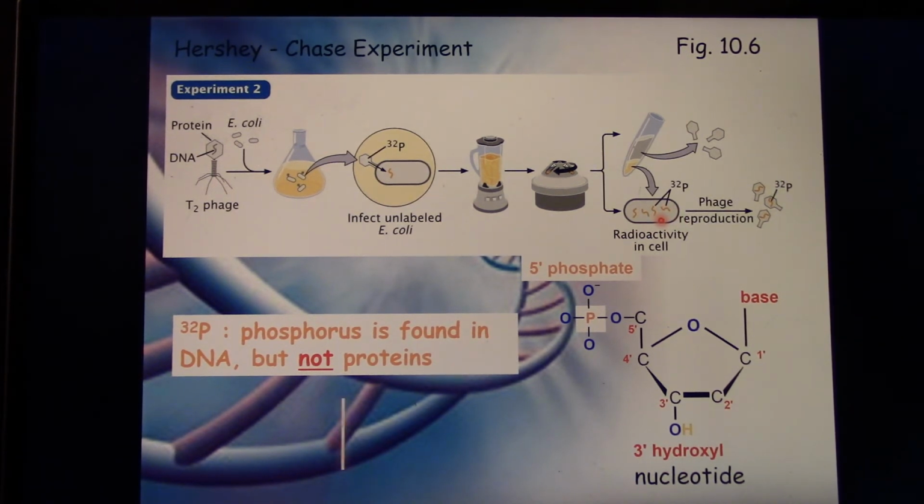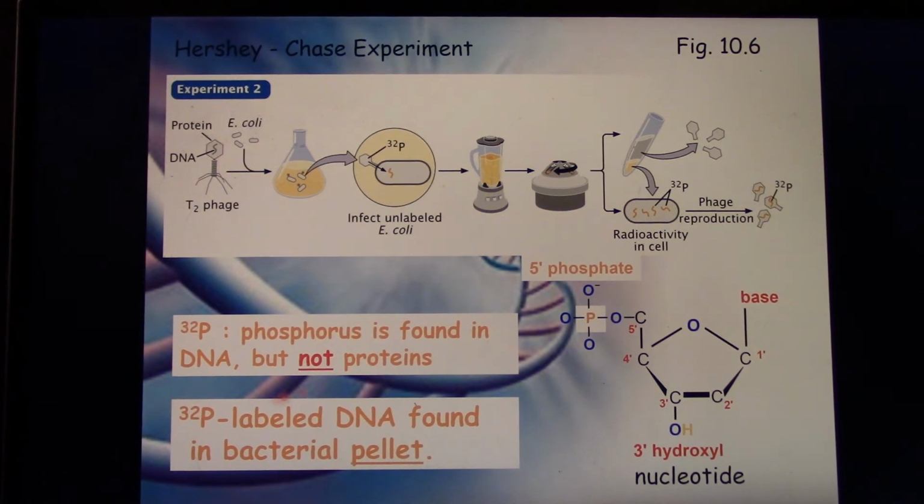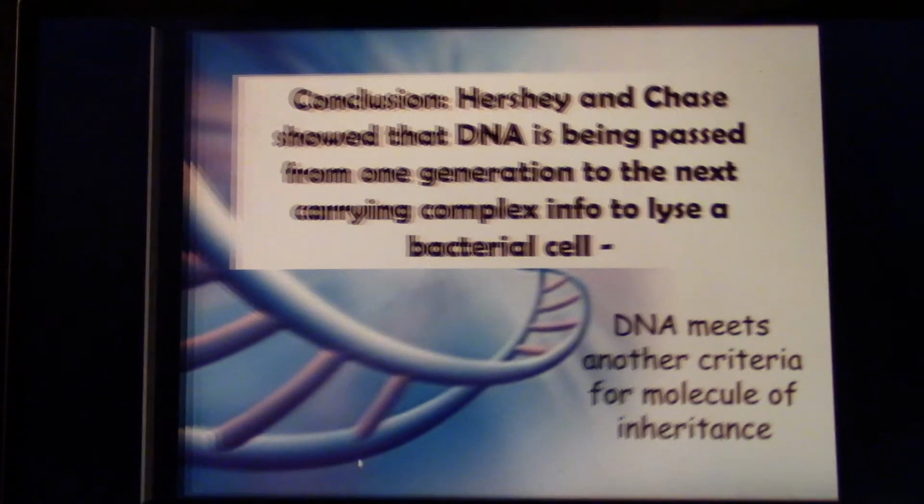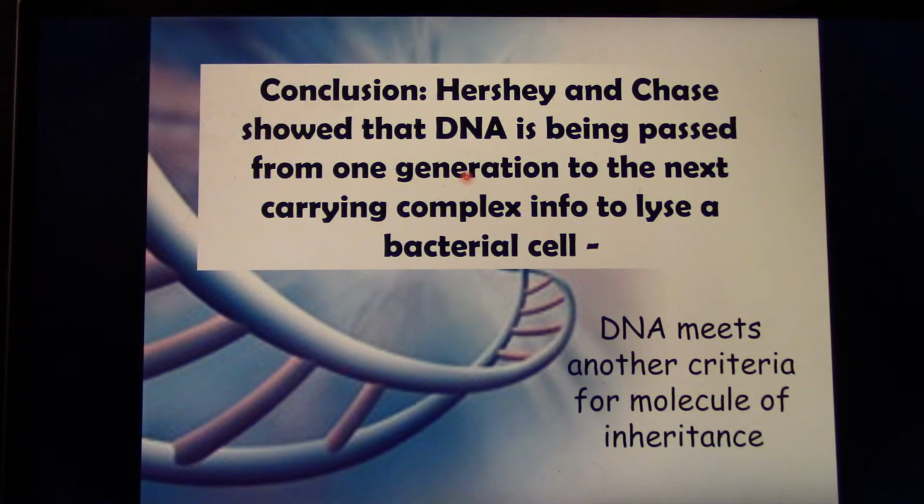So that suggested P32 DNA found in the bacterial pellet. So this suggested that DNA is being passed from one generation to the next, carrying complex information such as the ability to lyse a bacterial cell. And so DNA meets another criteria for molecule of inheritance.